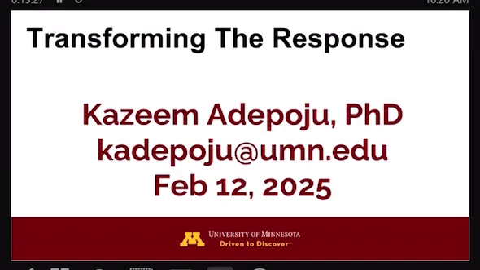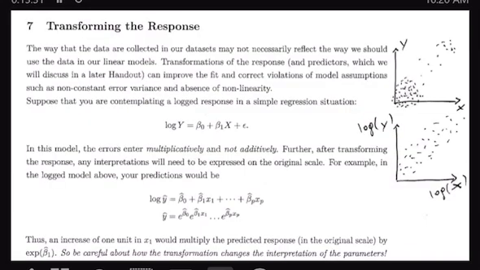At times, when a violation exists, what is responsible for it may be that the response variable is not in a good statistical form.